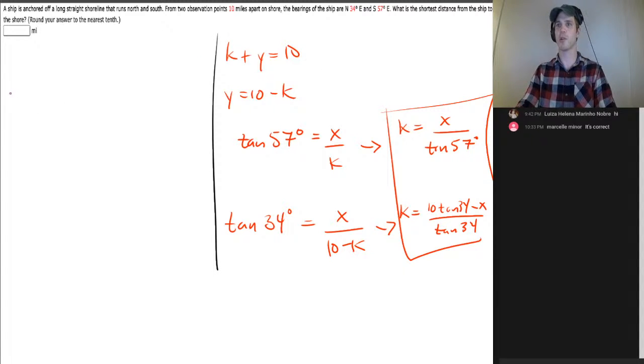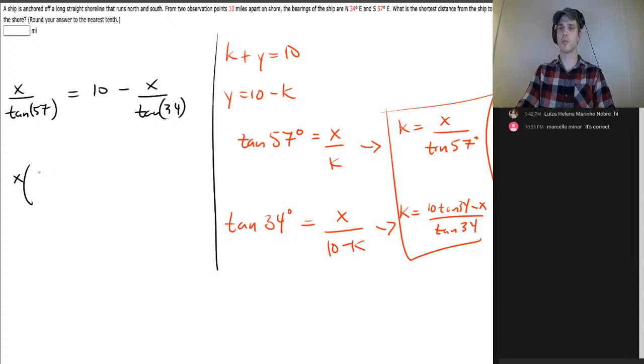Starting from the point where I set each of the K's equal to each other, we'll get X times 1 over tan 57 plus 1 over tan 34 equals 10.